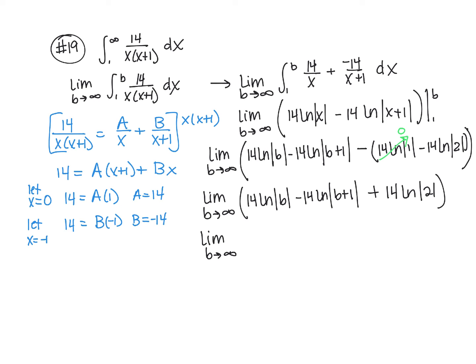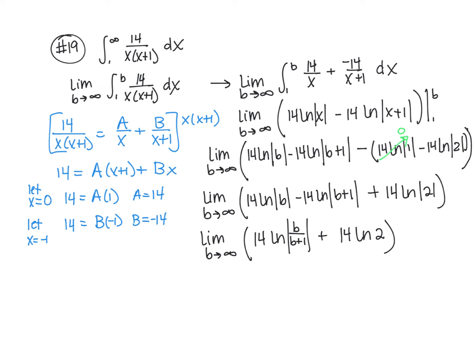So to avoid that indeterminate form, I'm going to use my division properties. So this would be 14 times the natural log of b over b plus 1, plus 14 times the natural log of 2. I'm going to ignore the absolute value at this point for the 2. Yeah, I like this better.